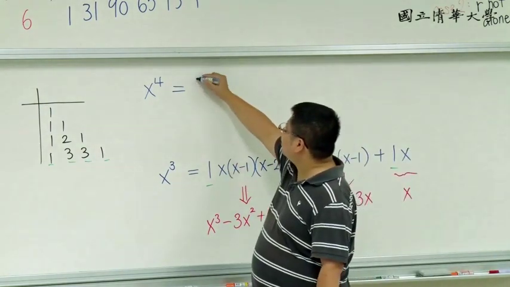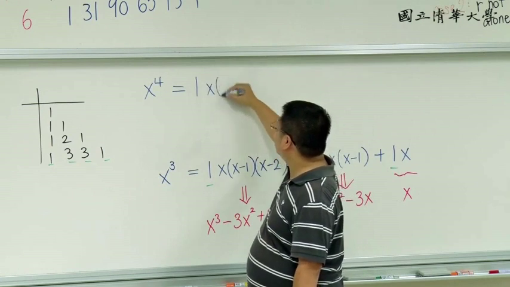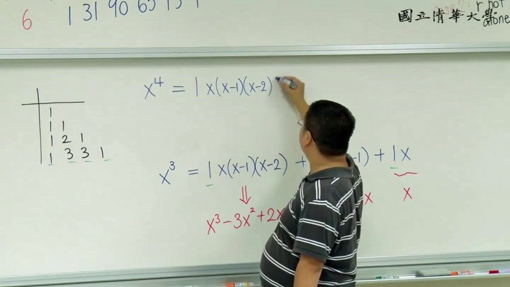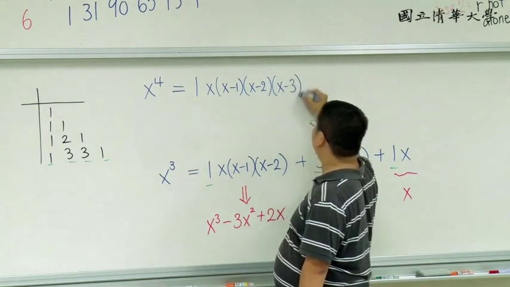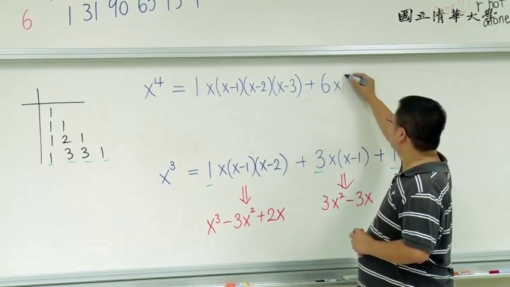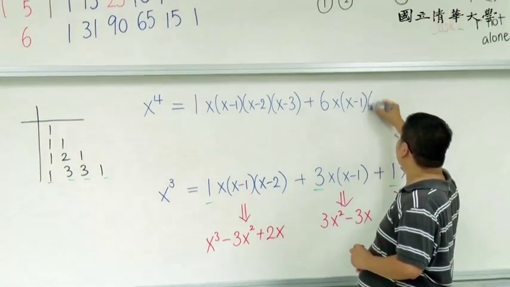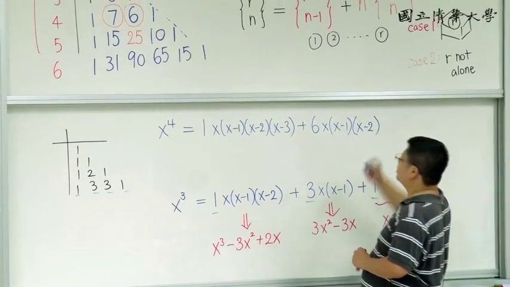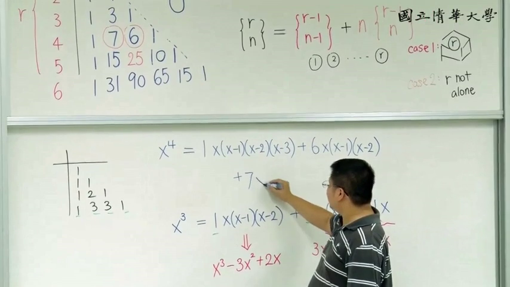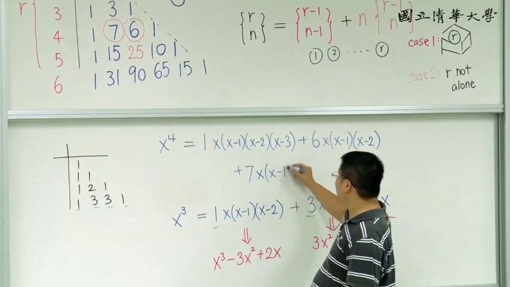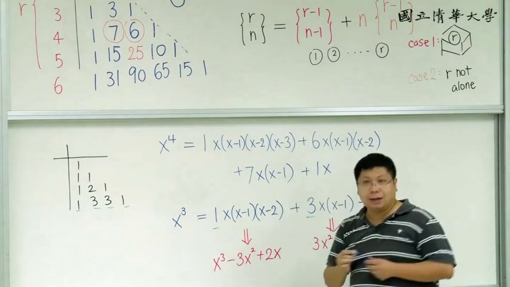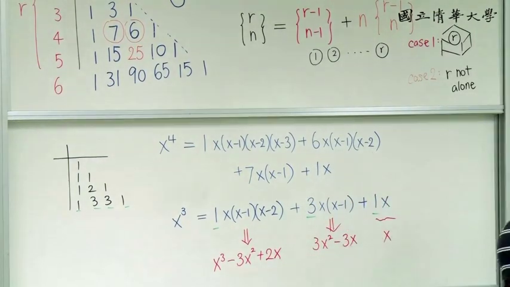Then I'm claiming that this is going to be 1 times x(x minus 1)(x minus 2)(x minus 3), plus 6 times x(x minus 1)(x minus 2), plus 7 times x(x minus 1), and then finally plus 1 times x. Is that okay?